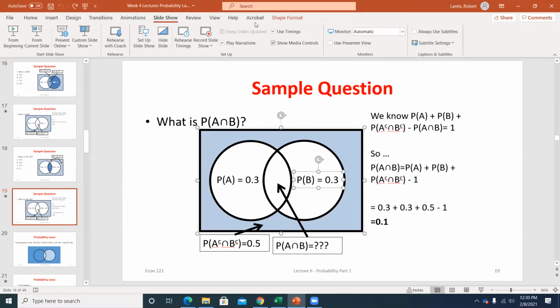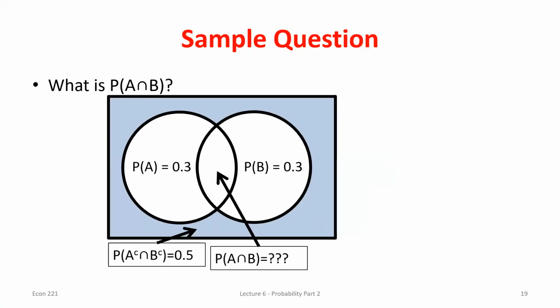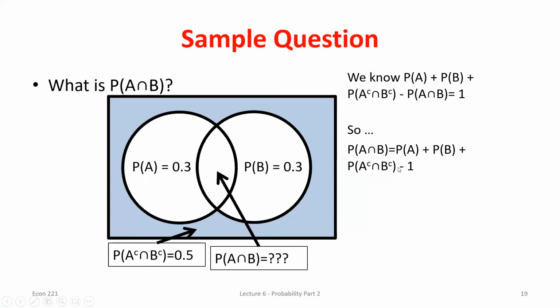I have a lot of people who want to try to do this in their head and not use the equations. And the issue is there's a disconnect between the math and the visual. Because I think what you're thinking of is this crescent moon being 0.3, right? But remember that crescent moon, just this area, represented what was in circle B and not in A. So that represents something different.